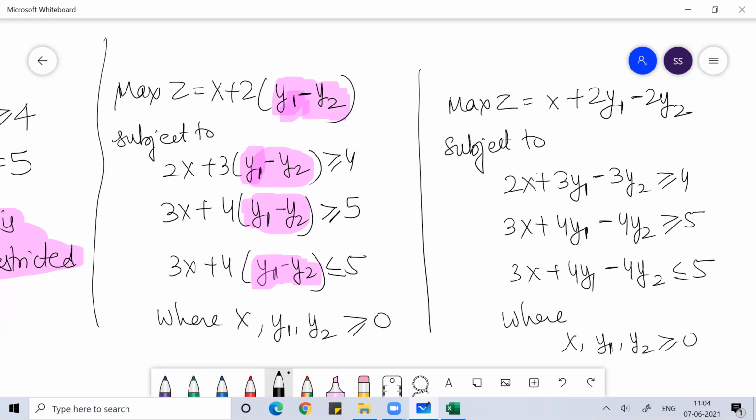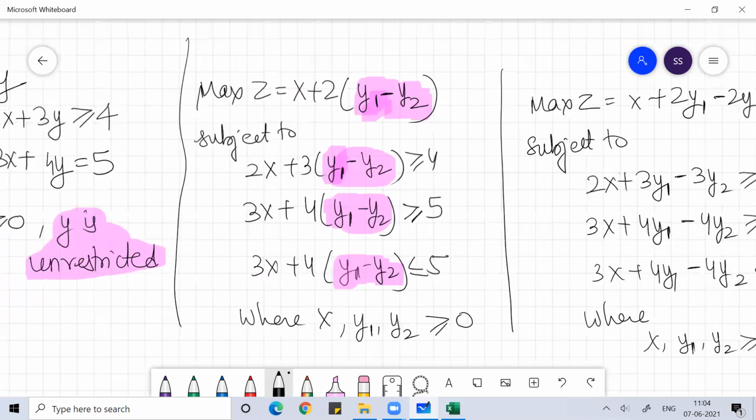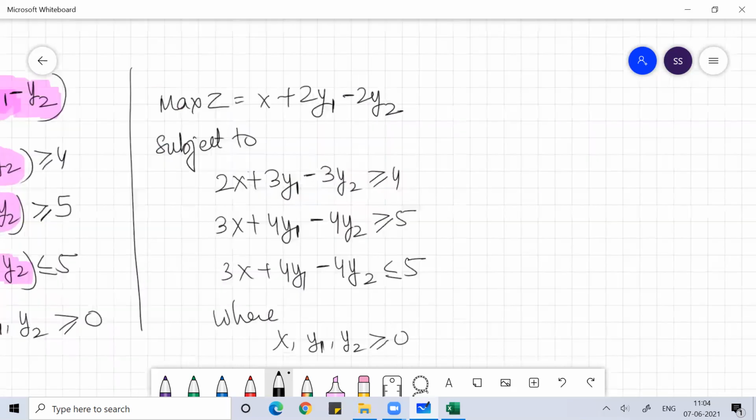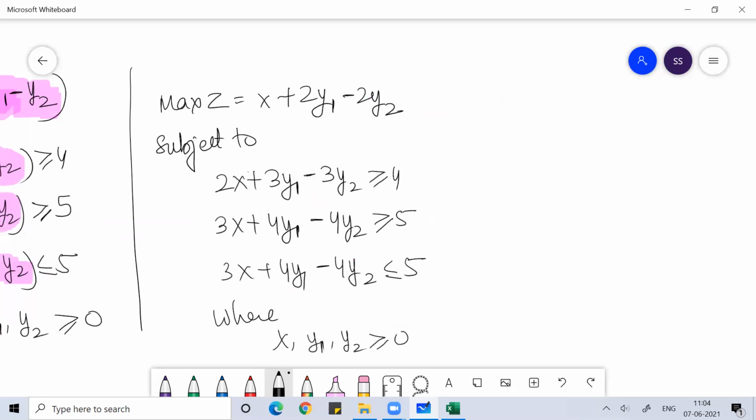Understood everyone? So now I'll express the given equation in the canonical form. If you see your objective function, guys, it is maxima.